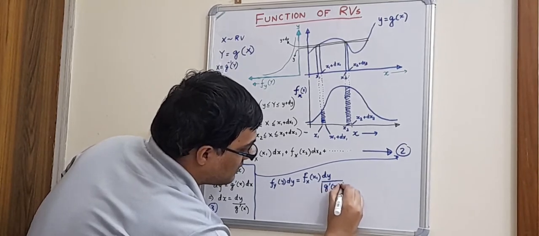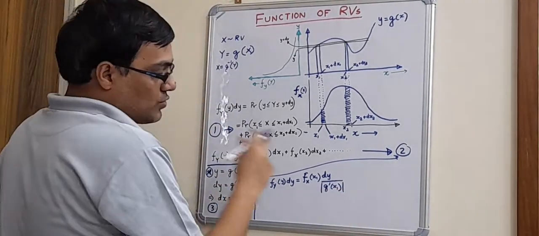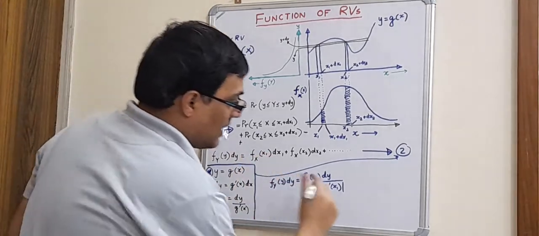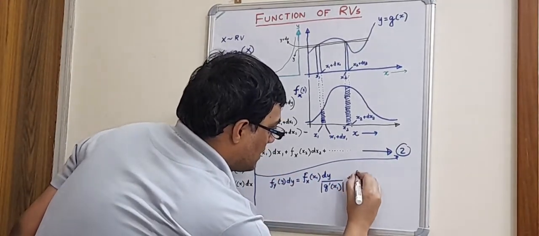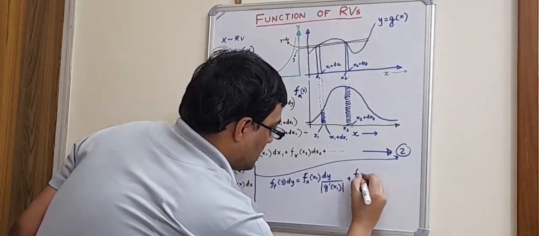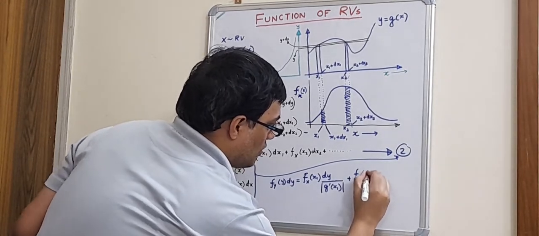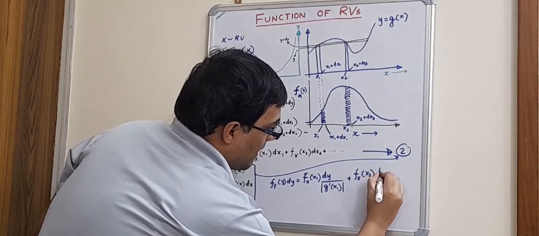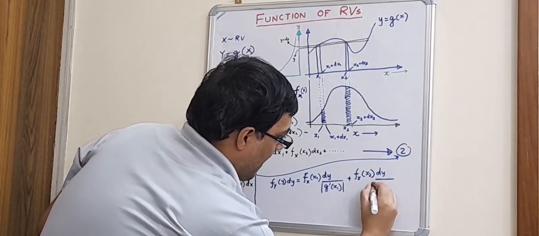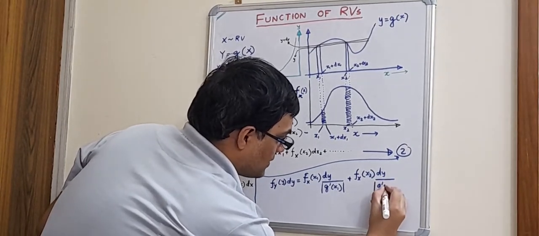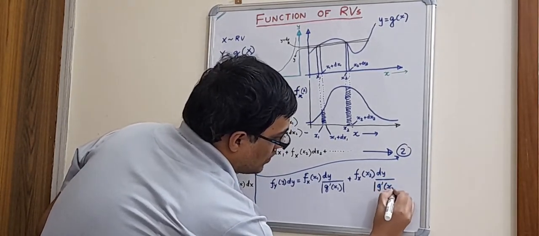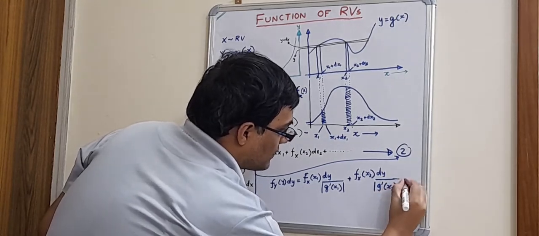Now why I keep it as a modulus, I will tell you a little later, because we want to make sure that the probabilities are not negative. Plus fx of x2 dy by g dash x2, right, plus so on.